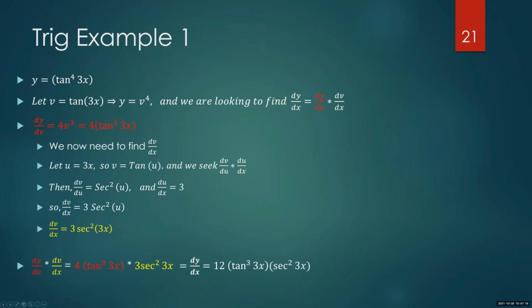And so dy dv by dv dx is equal to 4 tan cubed of 3x, because that's dy dv in red above. And that's multiplied by 3 sec squared 3x, which is the dv dx that's in yellow. And so dy dx is 12 tan cubed of 3x multiplied by sec squared of 3x.